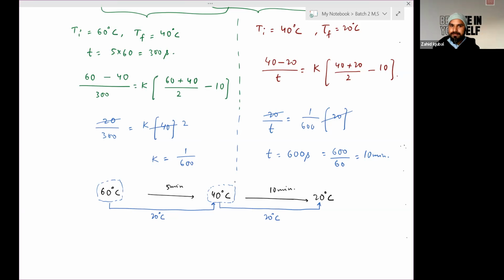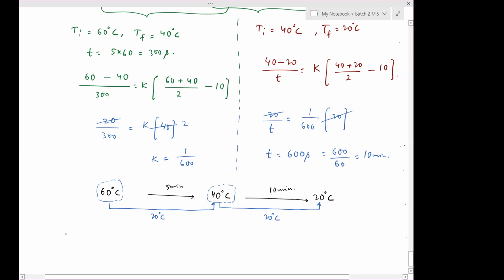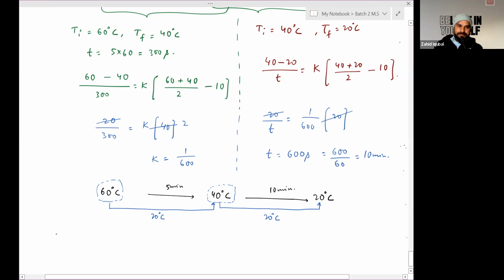Is it clear? Yes, sir. So you will say at lower temperature, the rate of cooling of a body decreases.